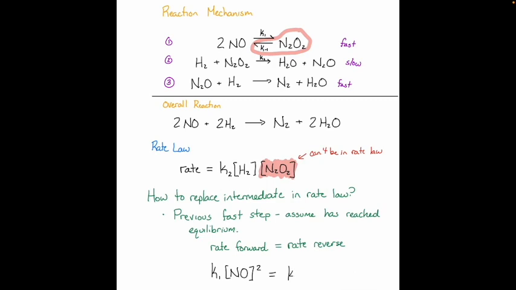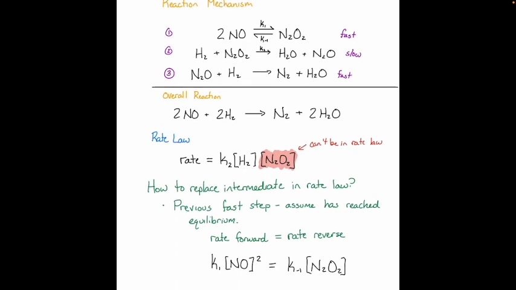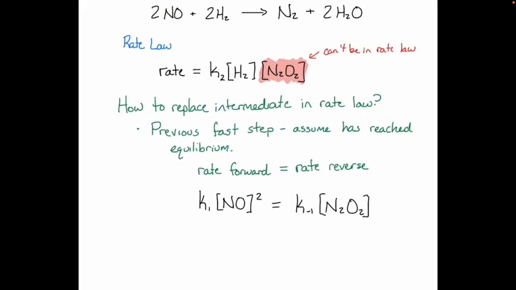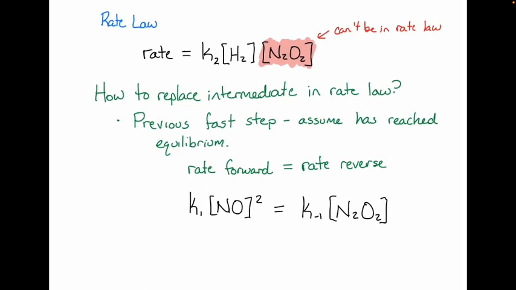That would be K minus 1 times the concentration of N2O2. All right, so how does this help us out here? Because look, this is what we're trying to get rid of.